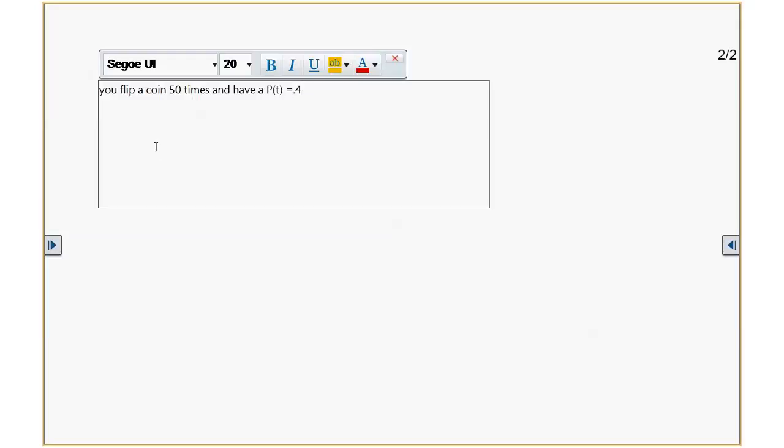What is the probability of tails, P of T, if you flip that same coin another 20 times?